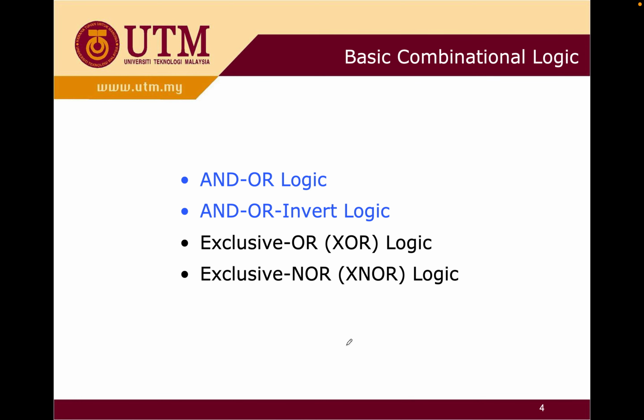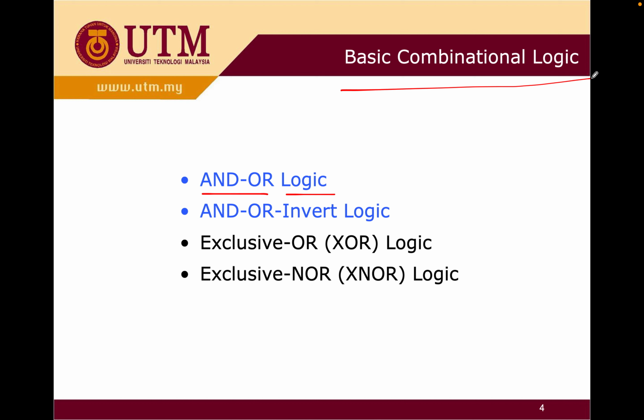First of all, you're going to look into AND OR logics. There is a possibility you will be asked in the final exam, in test 2, and in your lab too, so you need to know this basic combination logic.